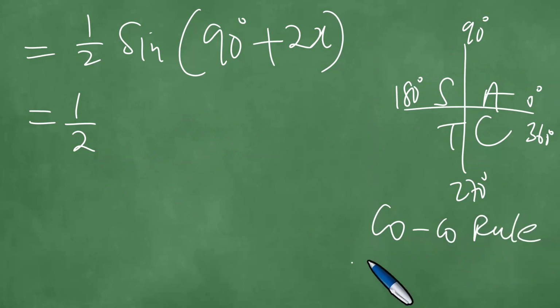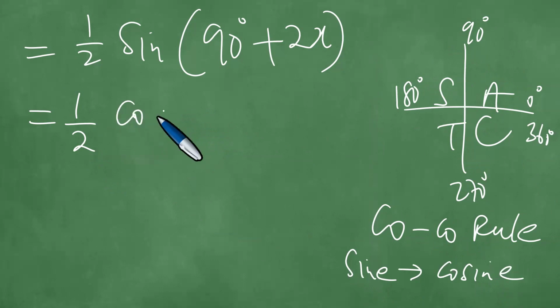By the co-co rule, we know that the trigonometric sine changes to the trigonometric cosine function, so that this becomes the cosine of 2x, like so.